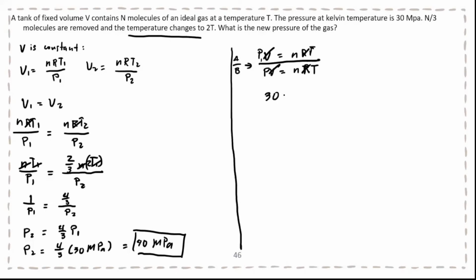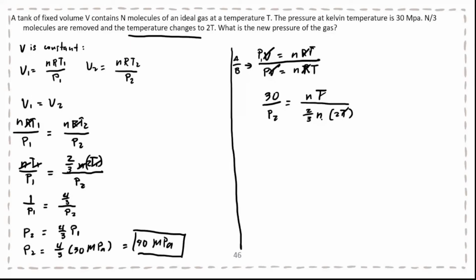So, 30 over yung P2, yun yung hinahanap natin, is equal to, yung N natin is whole pa siya. Okay. Times temperature. Okay. Sa pangalawa, nabawasan siya ng 1/3. So, 2/3 ng N. And then, naging double yung T.